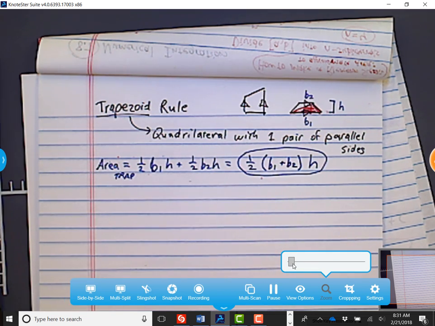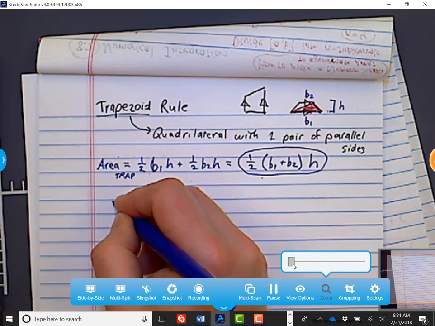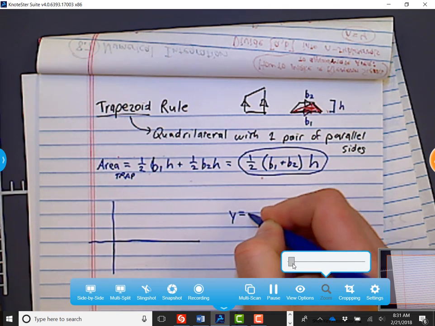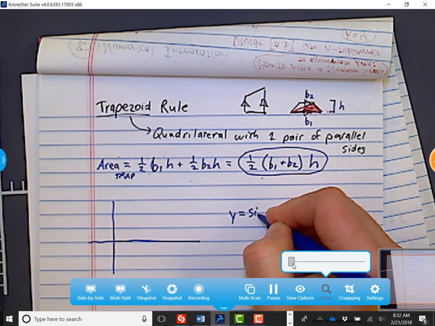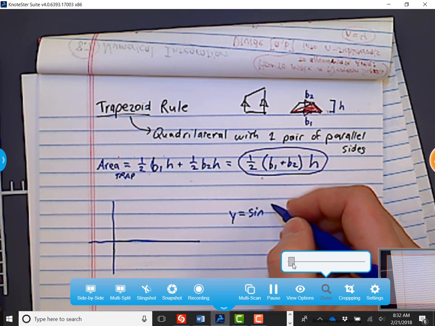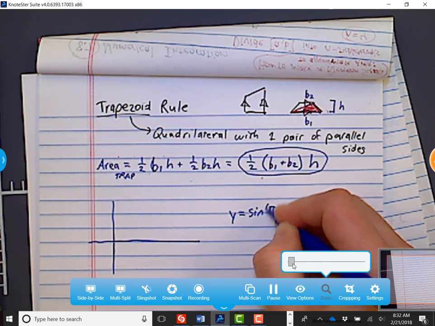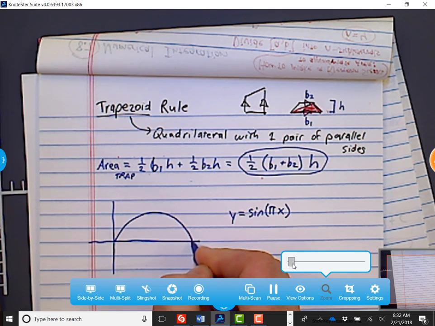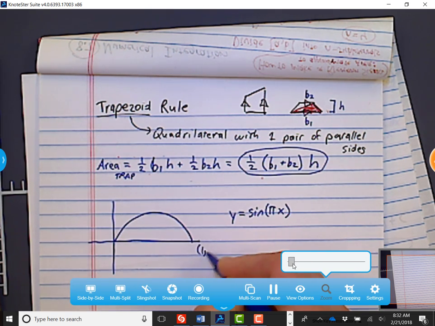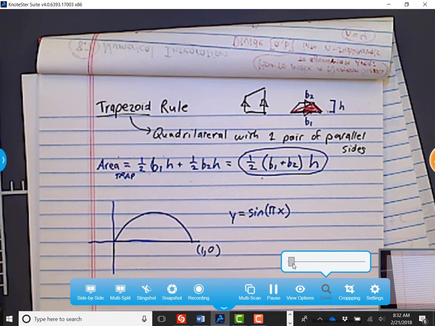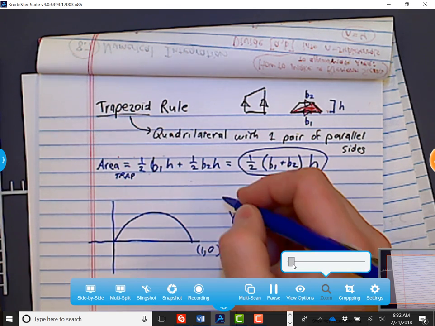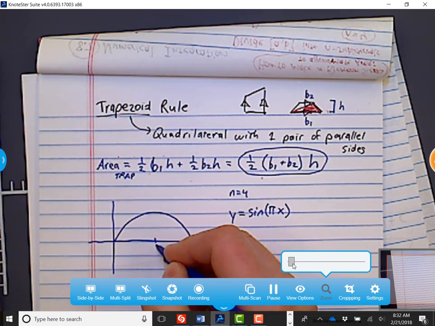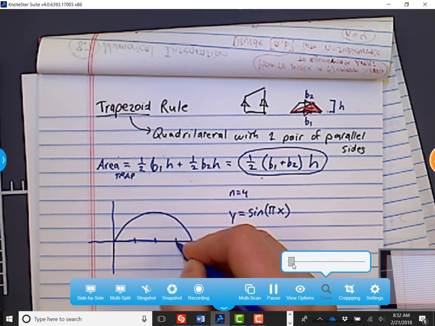Because here's the idea. Let's draw our example again. So we're going to do y equals the sine of pi x, like I said I was going to do. Okay? So we know that it goes from 0 to 1. So here's the point 1 comma 0. And again, let's just do n equals 4, because that makes the picture easy.